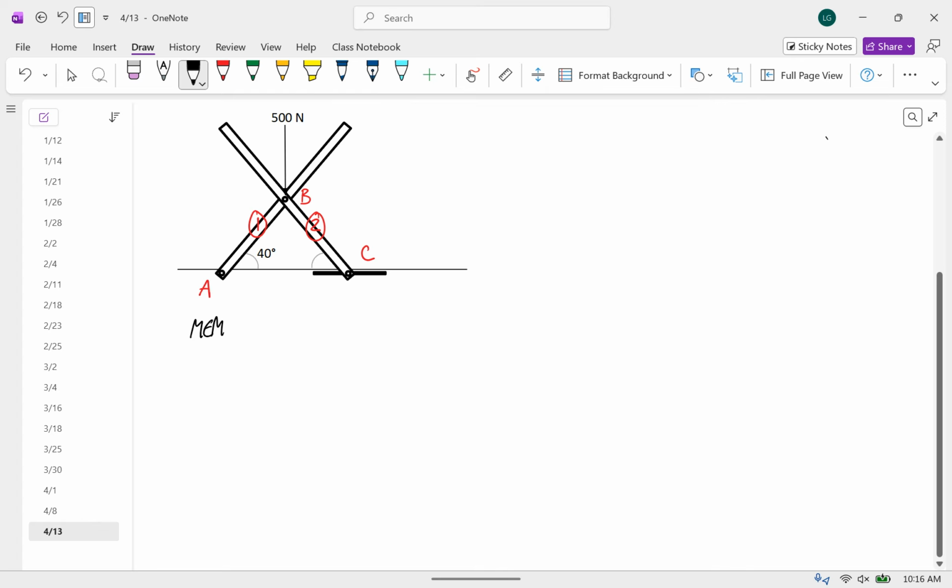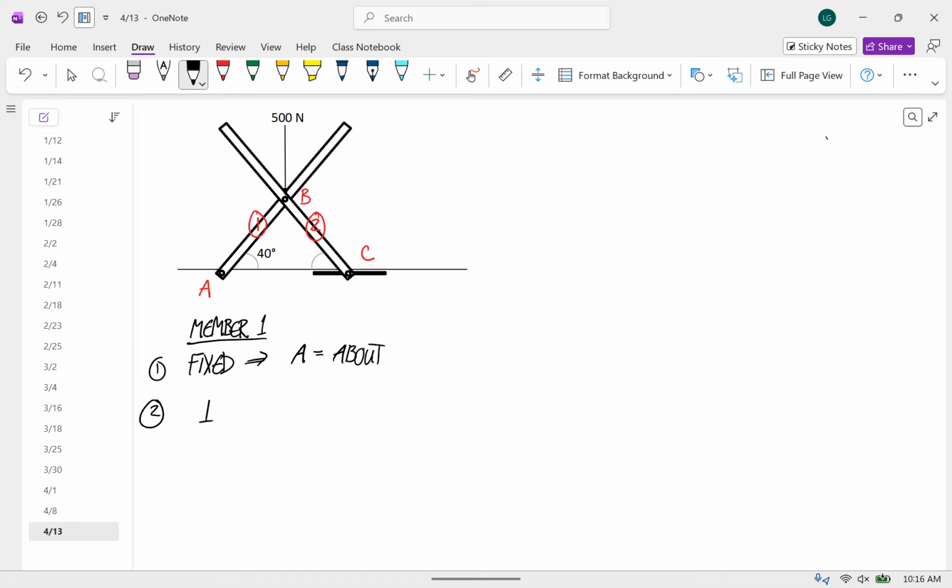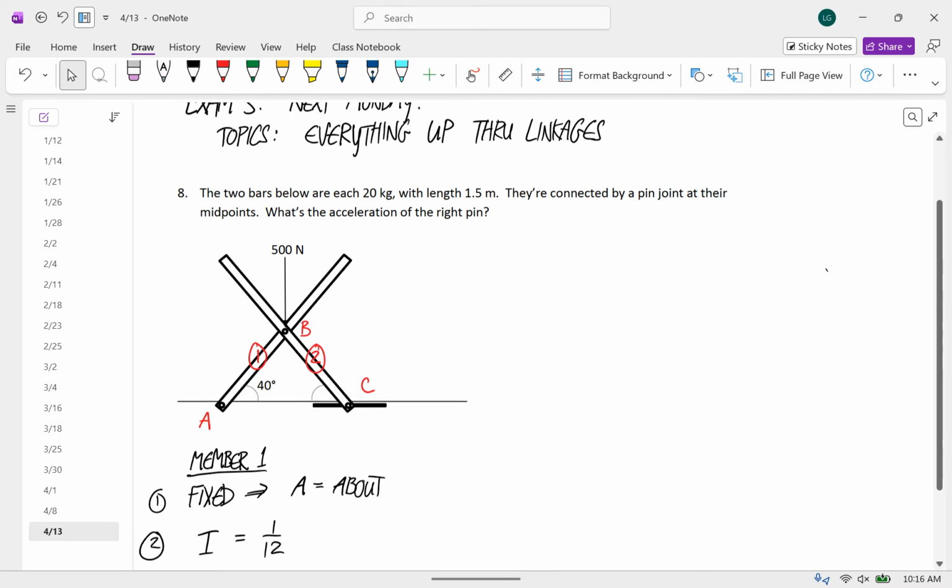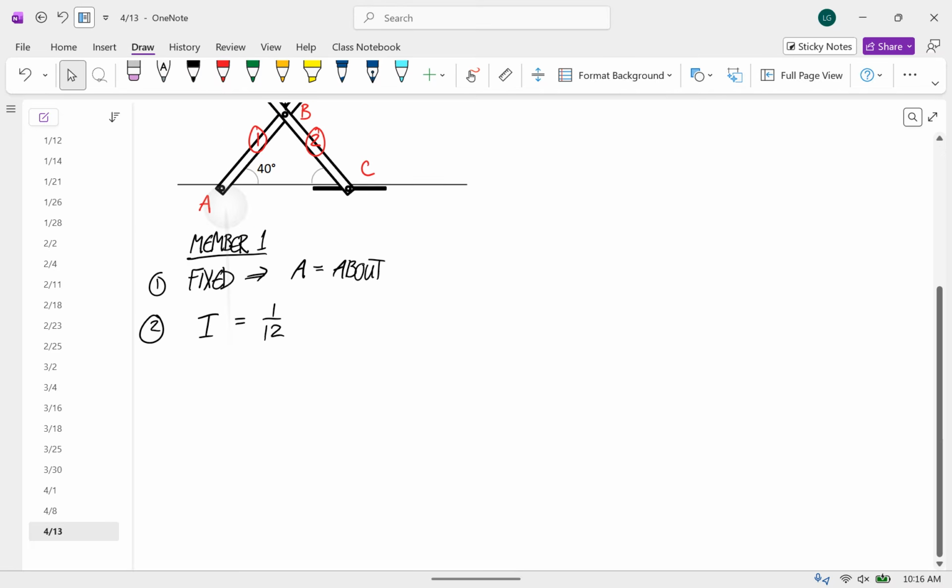So we're on member one. Is there a fixed point on member one? Point A. Yep. So point A is the about point. So the mass moment of inertia is 1/12. How long are these things?